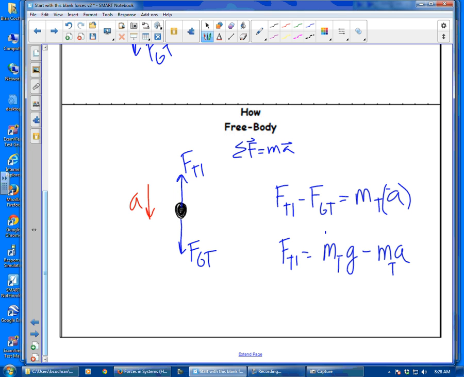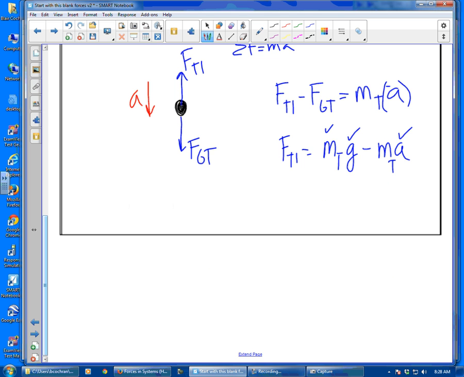I know m total, I know g, I know a, so solve for FT1. Then I want to find the tension in between them. So as before, start this way. Draw my free body.